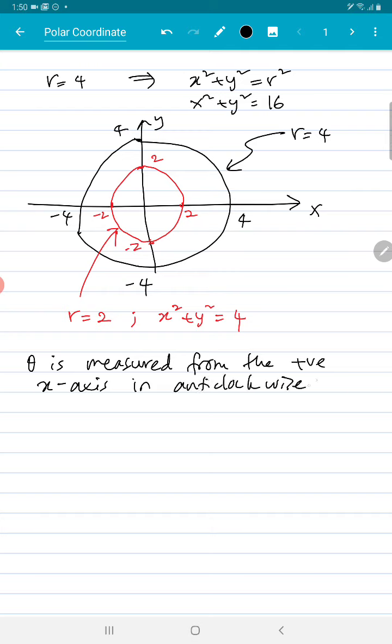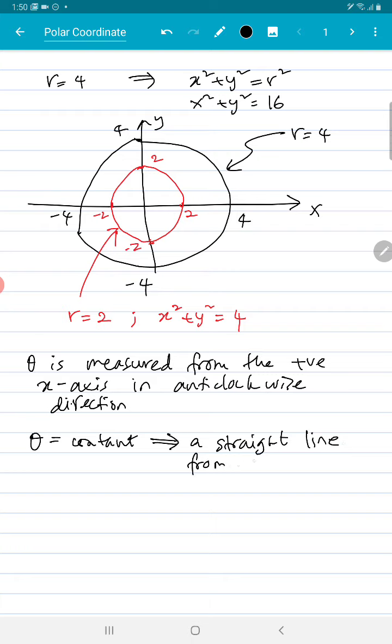But if it's measured in a clockwise direction, then your theta will be negative. Okay, so now let's see what happens if you have theta as constant. So theta constant in 2D really represents a straight line, not horizontal or vertical, a straight line from the origin.